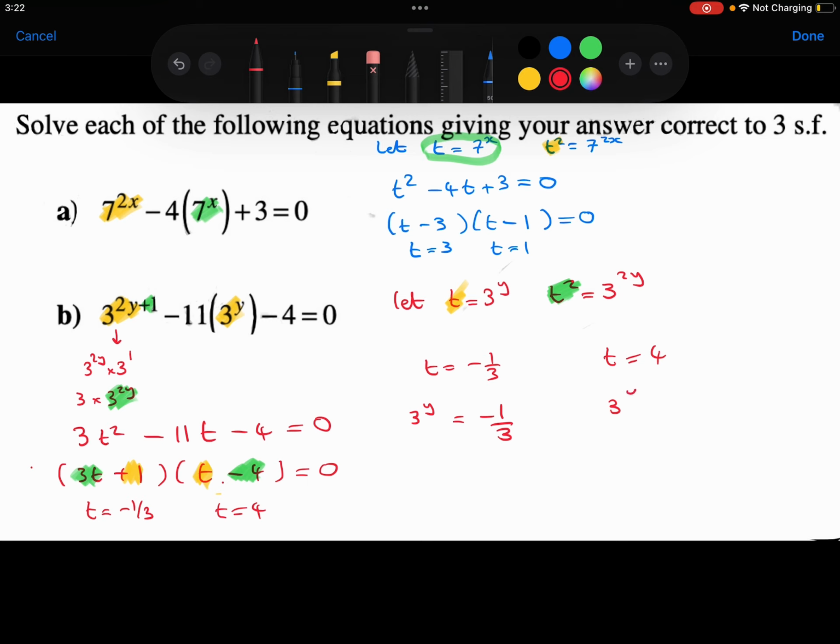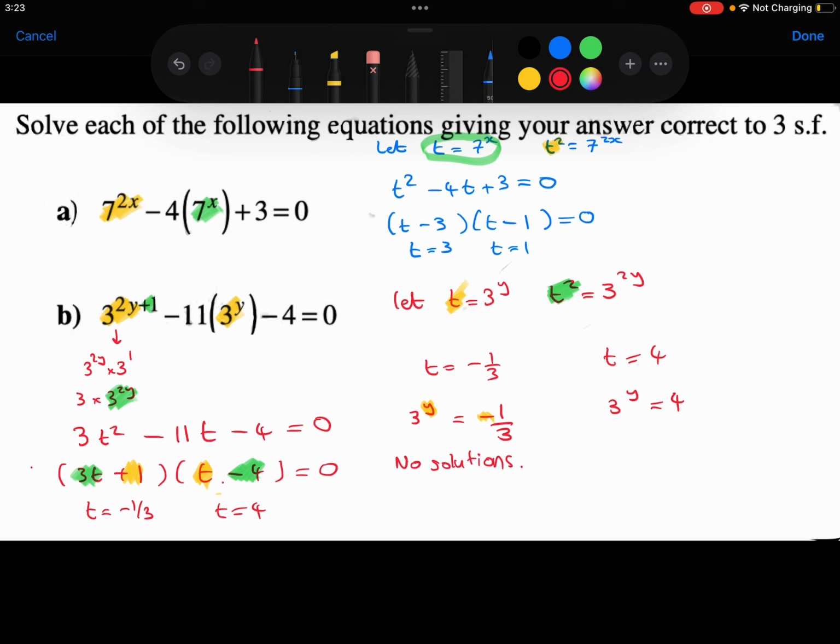So let's swap those back. Now, 3 to the power y is equal to minus 1/3. That's not possible. I can't do 3 to the power of a number and get a negative. That is impossible. 3 to the power of a number is always going to be positive. So there's no solutions to this.